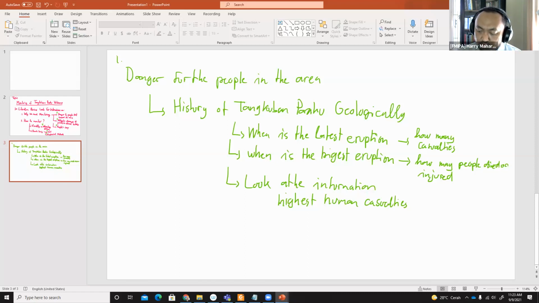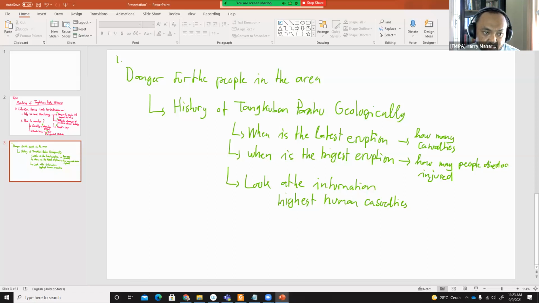So we need to look at the data. We could look at the history of Tangkuban Perahu volcano, so that we can have that profile of human casualties, and so on.